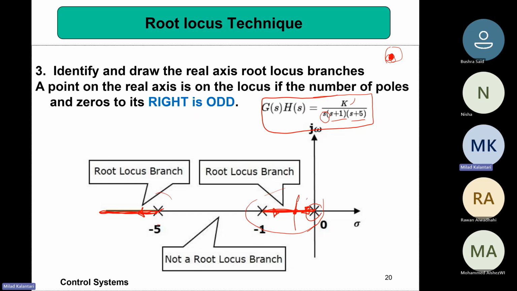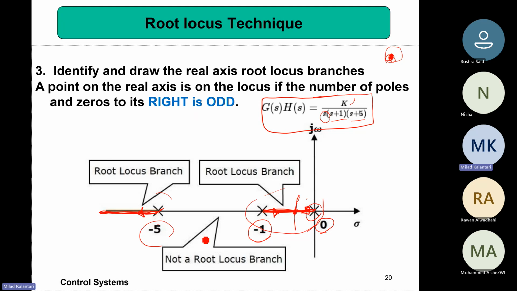When you are very far, you cannot distinguish that these poles are separate, or the zeros. So basically, from far you can say that it is the average of the locations. So you have one pole at 0, one pole at -1, and the other at -5.